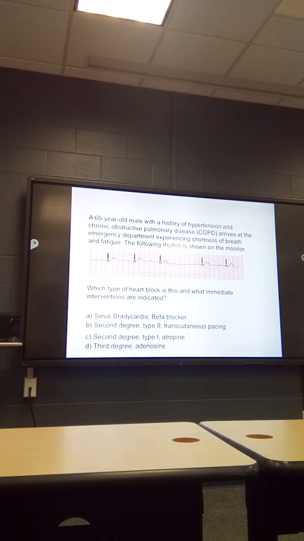After that fourth P wave, there's a missing QRS, so we automatically go to a block. So we're eliminating A right away. Second degree, but which type? Type one, because it's Wenckebach, right? It gets longer, then dropped. Well, then that tells you your answer right there. That one you have to read.